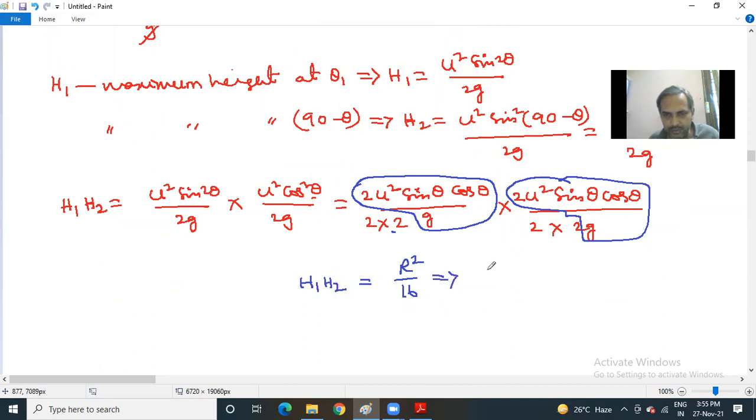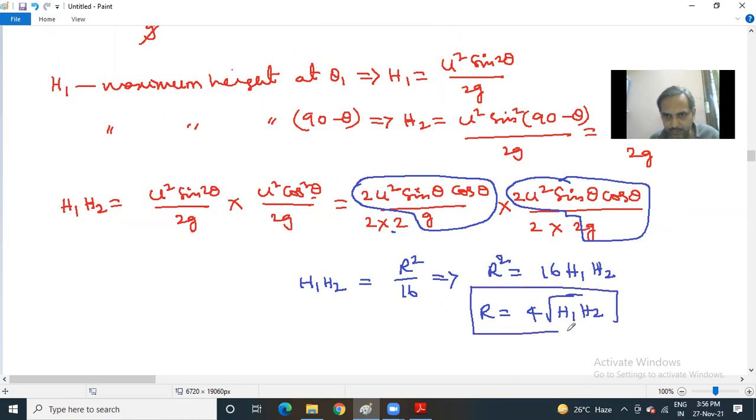So R square is equal to 16 H1 H2. So R is equal to 4 root over H1 H2. You may get a numerical directly on this step, maybe some numbers given in place of H1 and H2.